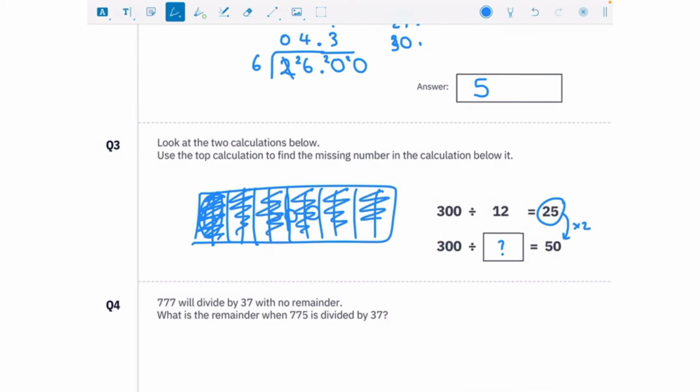So I haven't divided it by anywhere near as much, have I? In fact, I've actually divided it by half as much. There are now only 1, 2, 3, 4, 5, 6 piles. So this is 6. 300 divided by 6 would be 50. If we divide by half as much, then the answer would be double.